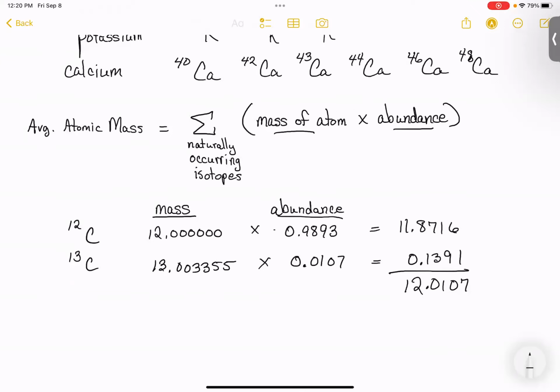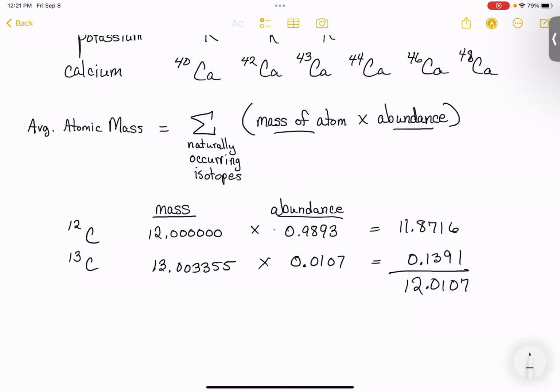I always have to look them up. There's an entire 5 pages worth of the various naturally occurring isotopes and their abundances. So you'll be given it on a test. I can't expect you to know these things. I don't know these things.